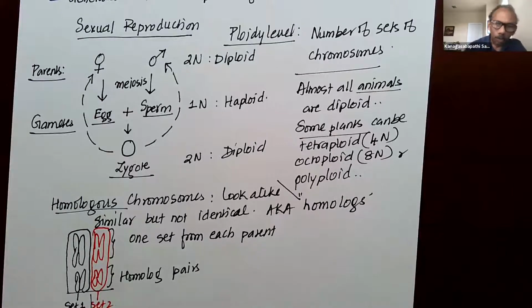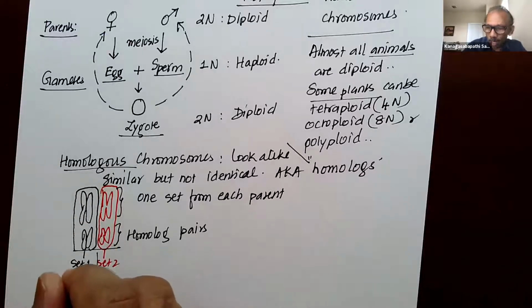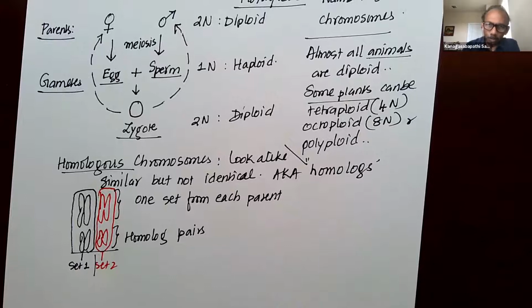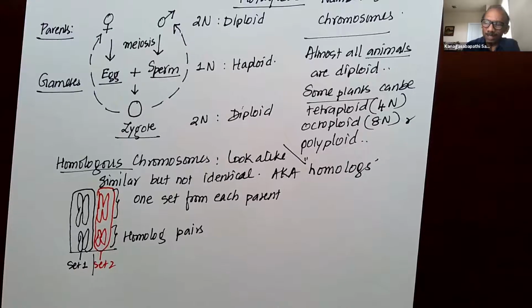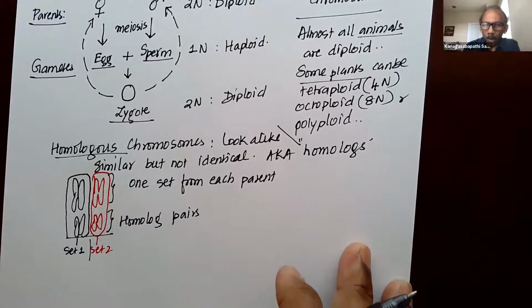Because we have two, it may be confusing, pair and a set, but humans have 23 from mom, 23 from dad, making 46 chromosomes. The 23 is a set, but each chromosome comes from maternal or paternal, so you can think about it like that. Everybody good so far?